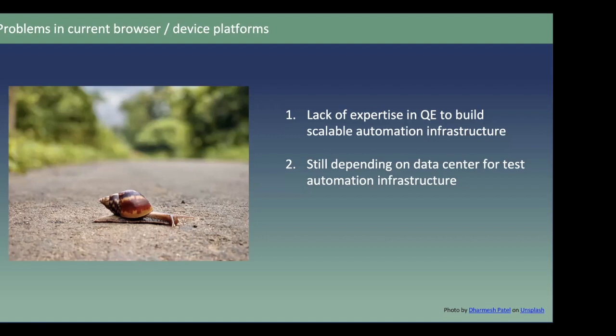Like I still hear people running hours of automation overnight to cover things, and it's still surprising to me. And well, I'm not surprised. I know that the investment in QE engineering, quality engineering, is really, really low. So that's another problem. And why it's happening is because of cost and also lack of expertise.